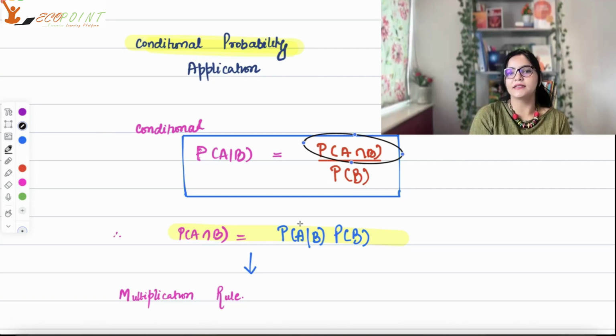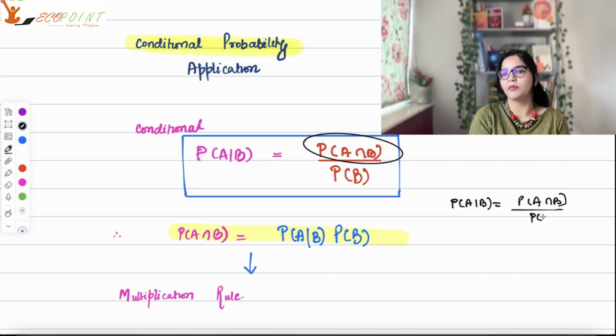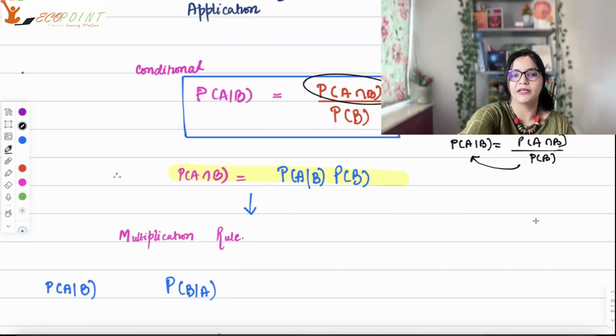So in case the events are such that the probability of A condition to B is equal to the probability of A intersection B upon the probability of B, then from here I can find out the probability of A and B, that is the intersection. I can multiply both the sides by the probability of B, given the probability of B is positive, given that B occurs. This is what the multiplication rule is.